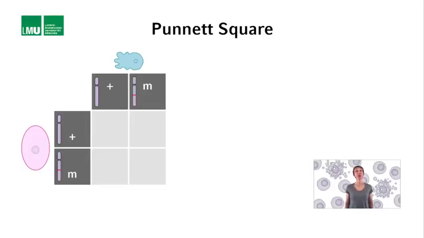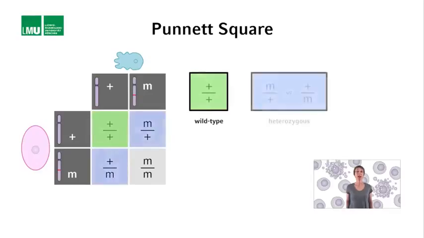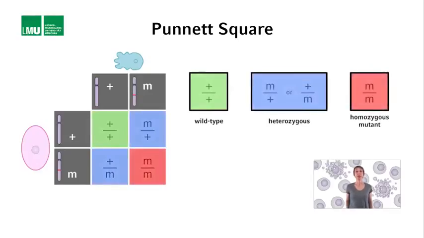Based on this, you can now predict what happens when haploid germ cells of these 2 genotypes come together and fuse during fertilization to form diploid zygotes of the second filial or F2 generation. You basically just fill in the squares under these axes. The outcome is plus over plus, plus over m, m over plus, and m over m.